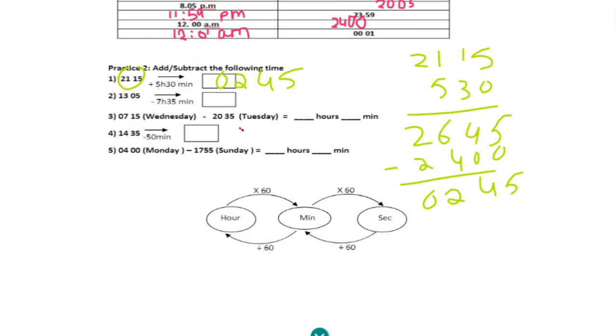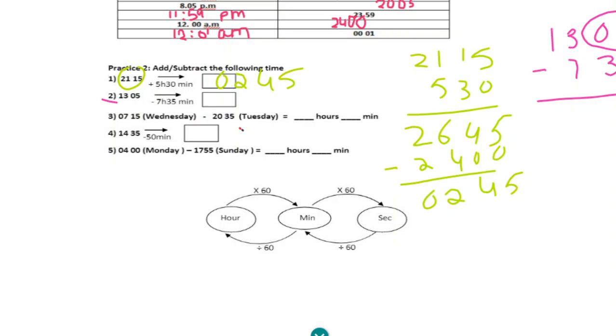Question number 2. So we have 13:05 and we need to subtract 7 hours 35 minutes from it. So we can't subtract 35 minutes from 5 minutes, because 35 is a bigger number and 5 is a smaller number.